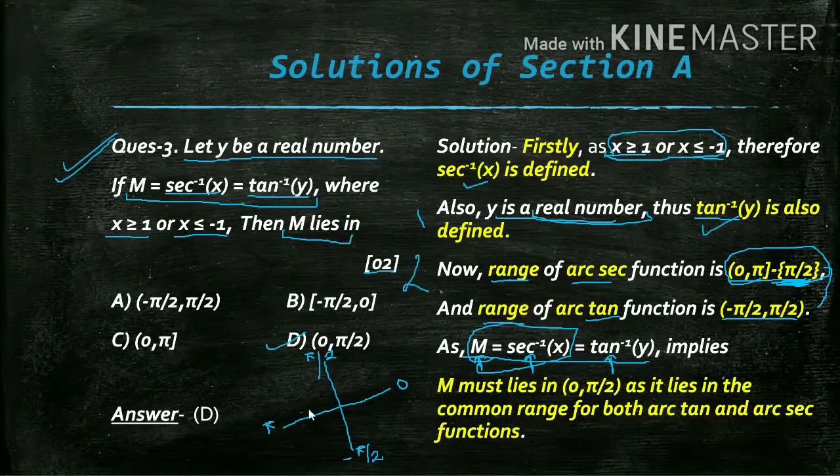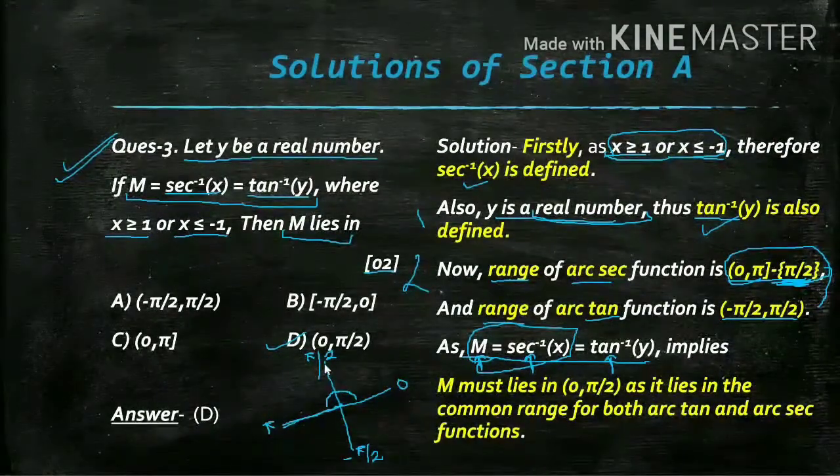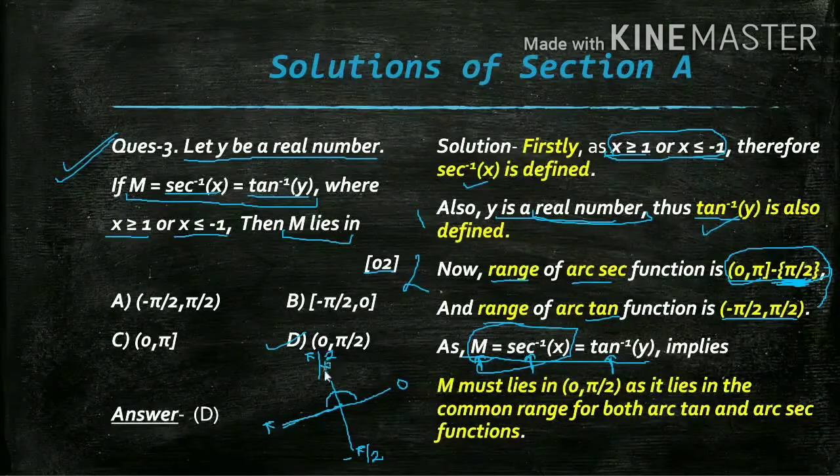That means all angles. This is also included. But this is not included. 0 is not included. These are the angles included, excluding the 0. And also excluding this pi. This is also not included. Correct? So that means M will lie in this region only.